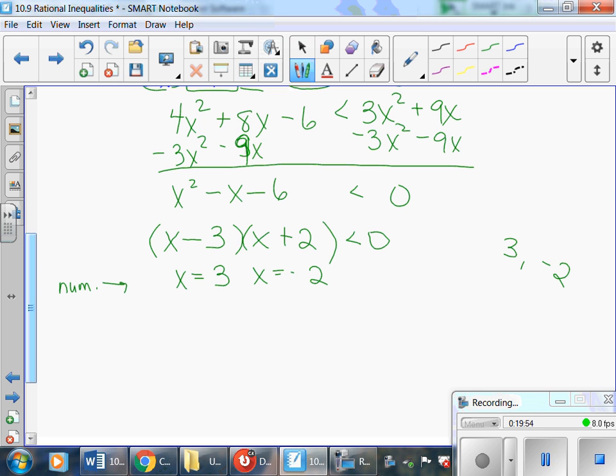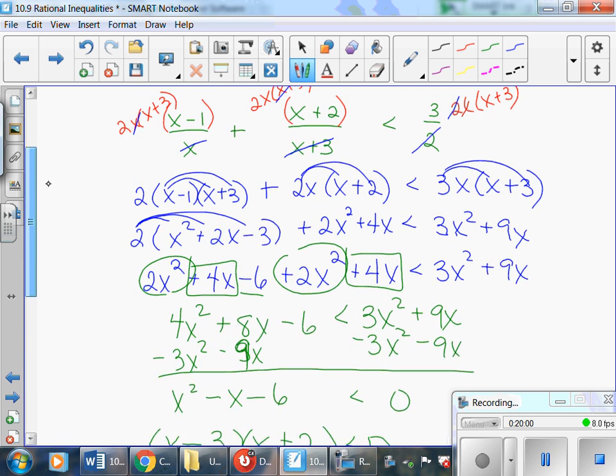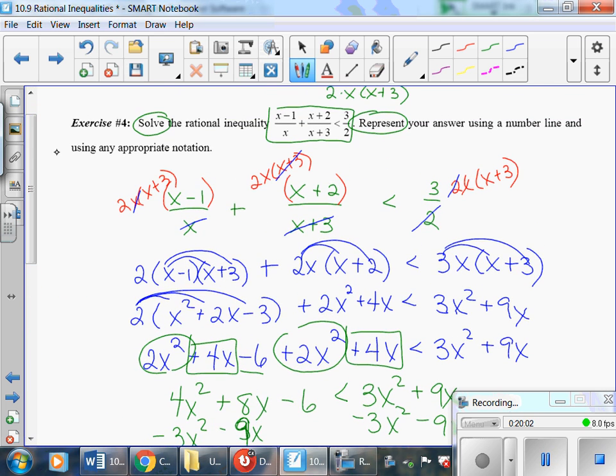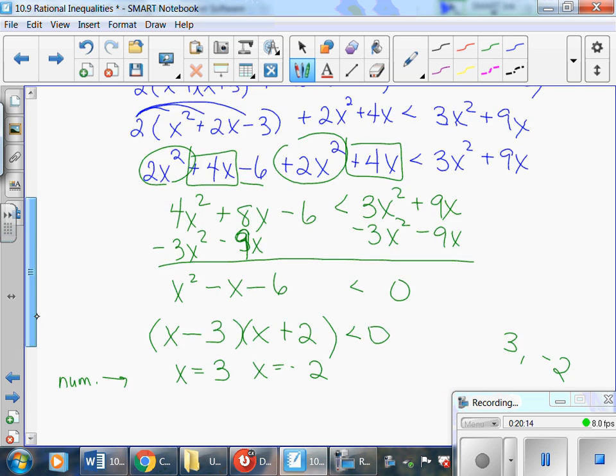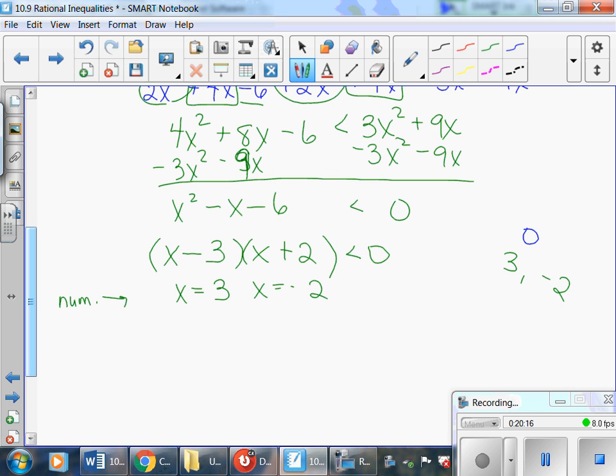But then we also have to consider what makes the denominators of our original inequality equal to 0. So we know that at undefined, we cannot have x being 0, and x cannot be -3. So 0 and -3 are also going to be critical values.